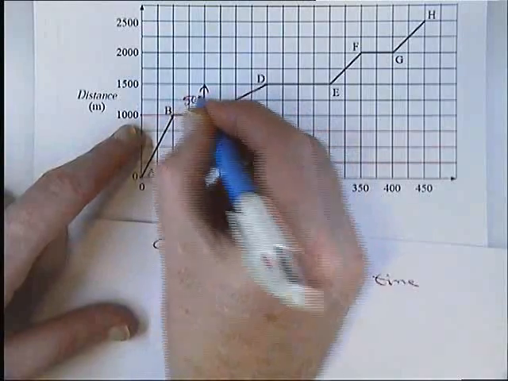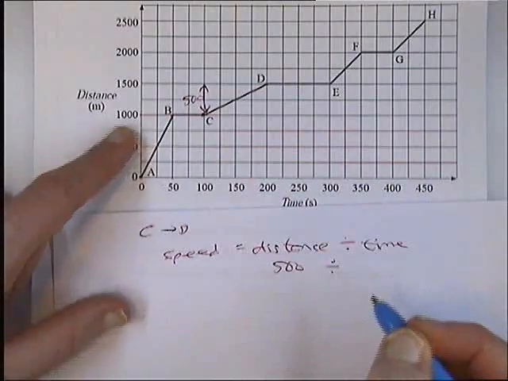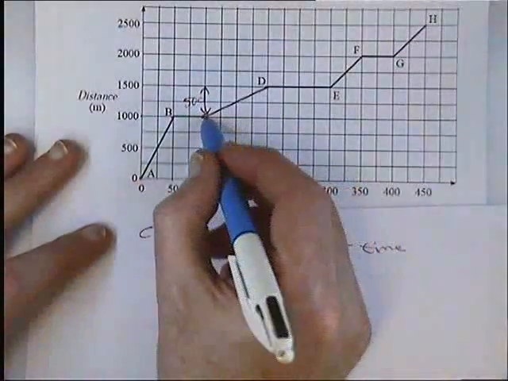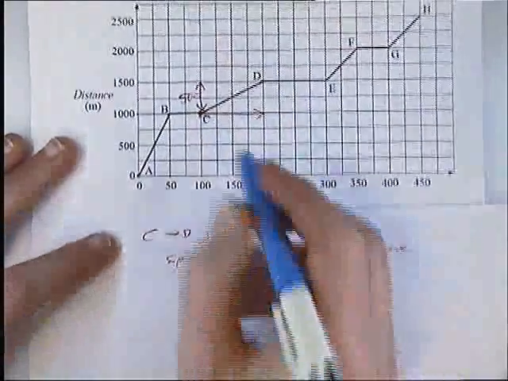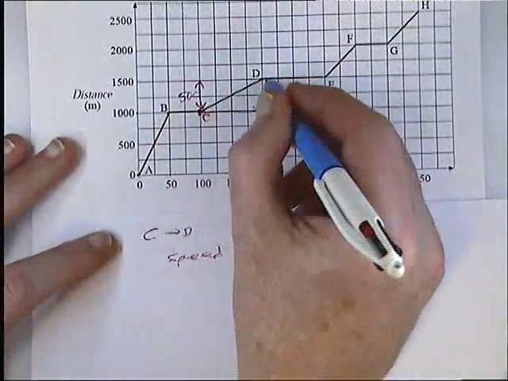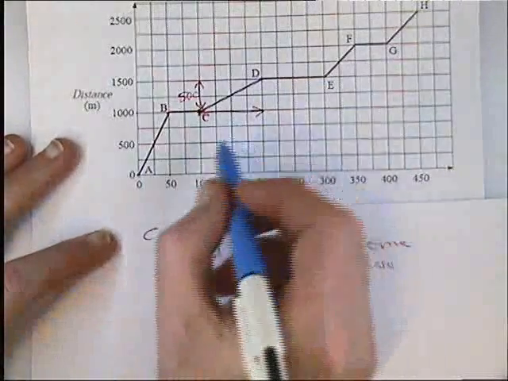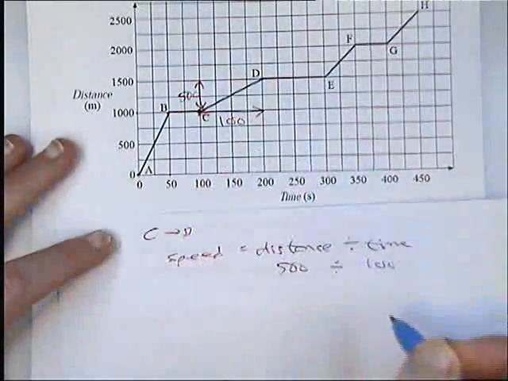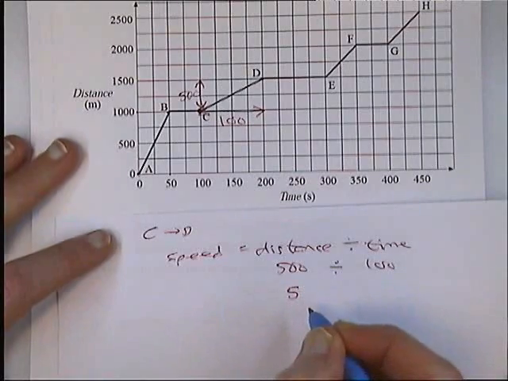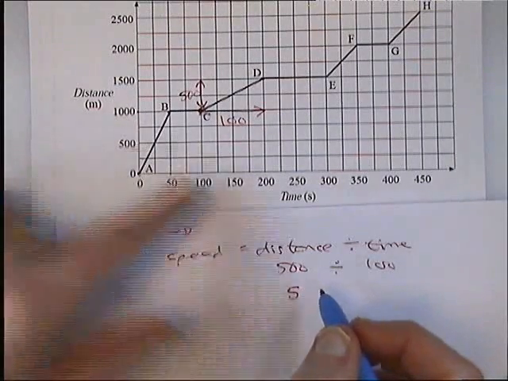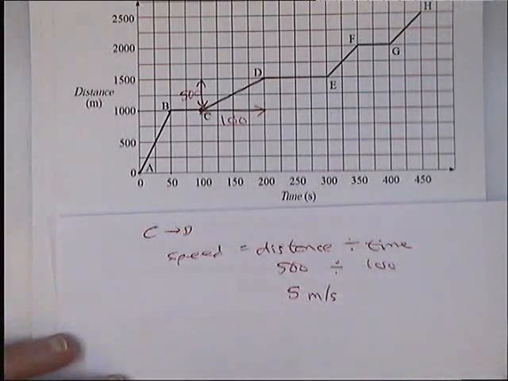So the distance I've gone up is 500. So that'll be my distance number. And time-wise, I've gone from C along to D, because time's along the bottom, and I've gone from 100 there to 200 here. So I've gone along 100. From 100 to 200 is 100. If I do 500 divided by 100, I get 5. And I said earlier it was in metres per second, which I can write down like that, metres per second.